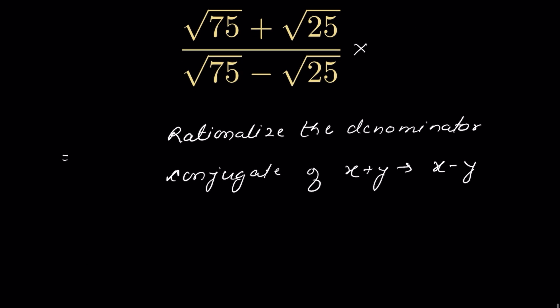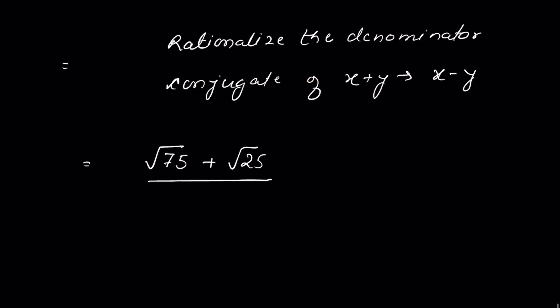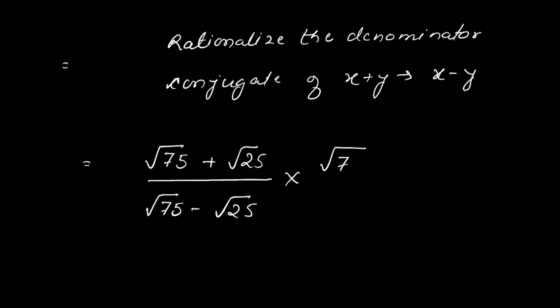So (√75 + √25) / (√75 − √25), times the conjugate, will be (√75 + √25) / (√75 + √25).